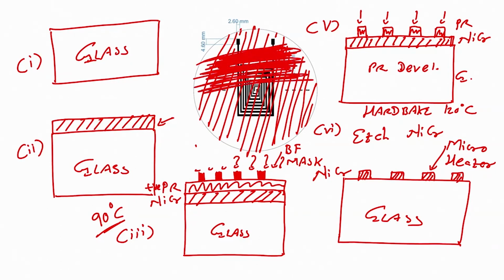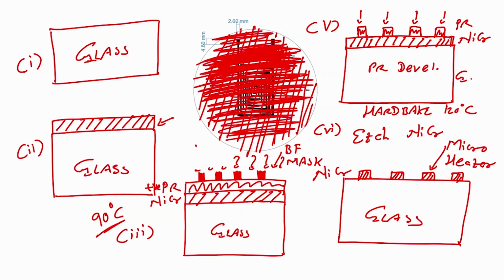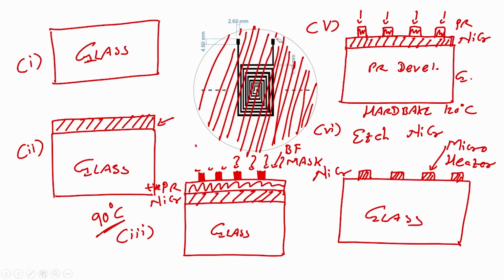Assume that everywhere silicon dioxide is there, except contact pads, like this.